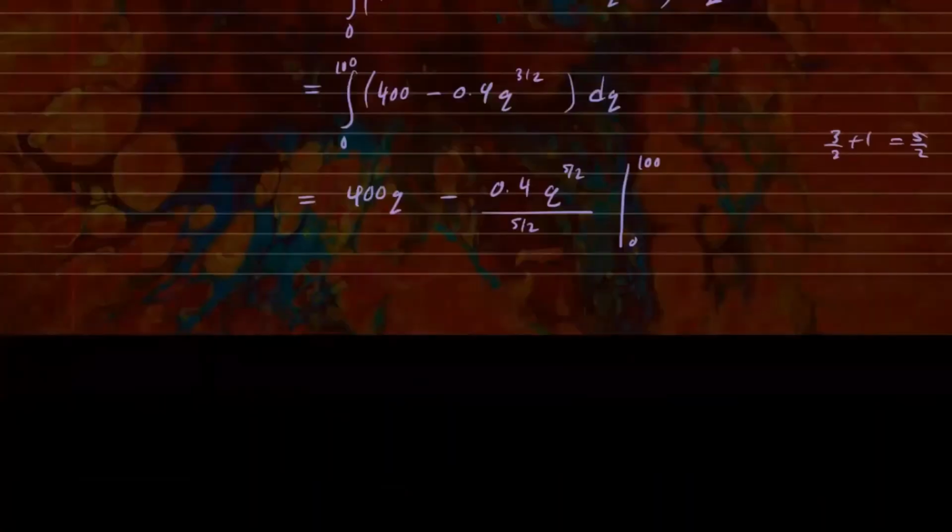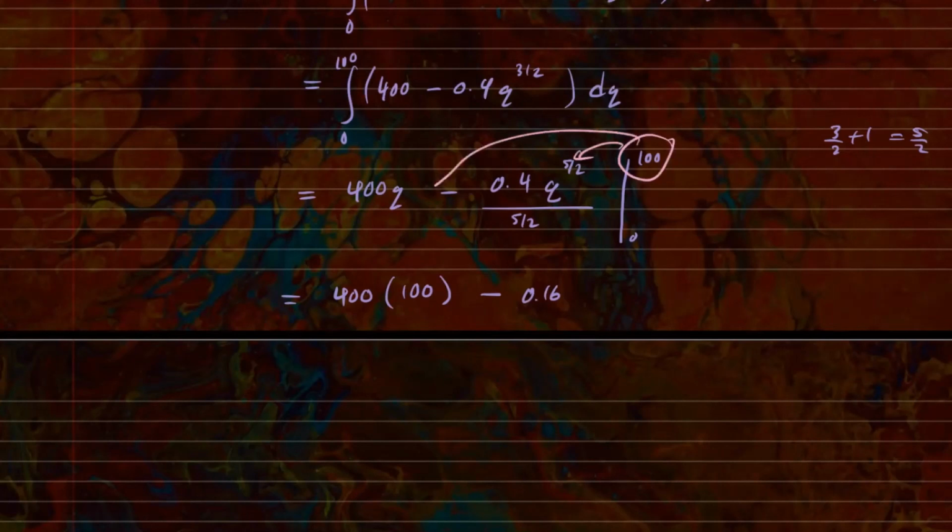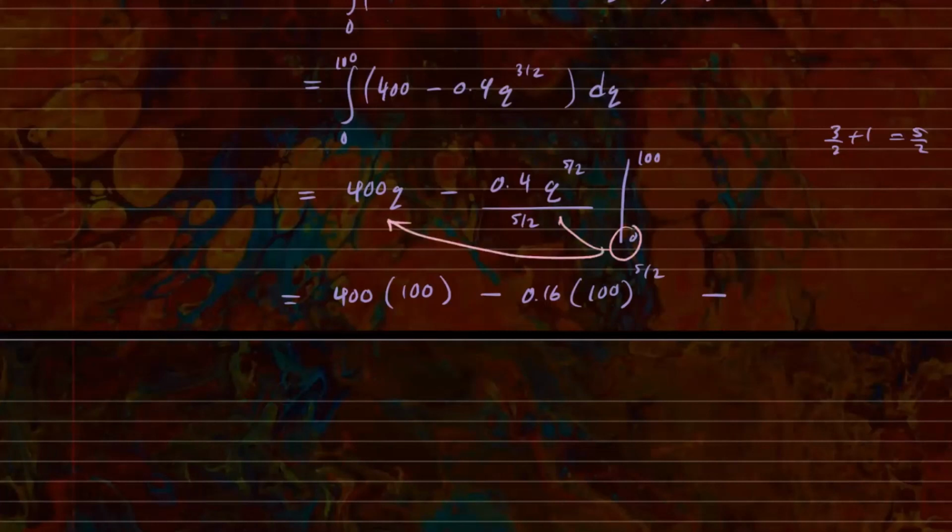All right, we're almost there. Let me just finish up the computation. This would give us 400 times 100 minus, now 0.4 divided by 5 over 2, that's 0.16. Then I'm going to plug in Q, the upper limit, into all the Qs. So this will give us 0.16 times 100 to the power 5 over 2, minus what you get when you plug in the lower limit into all of these Qs, which is 0.